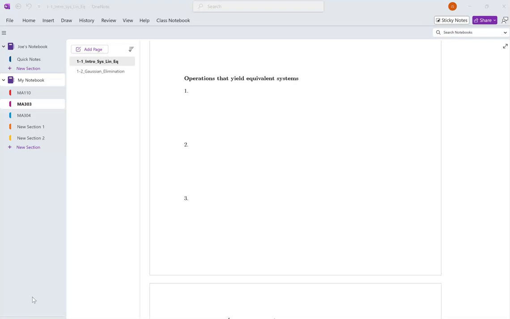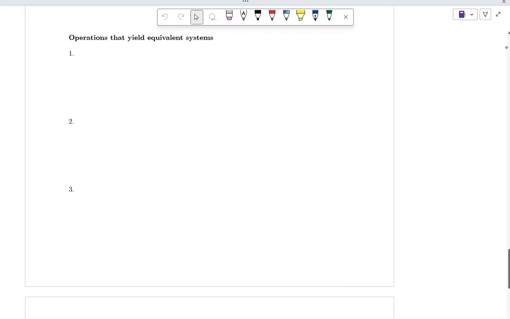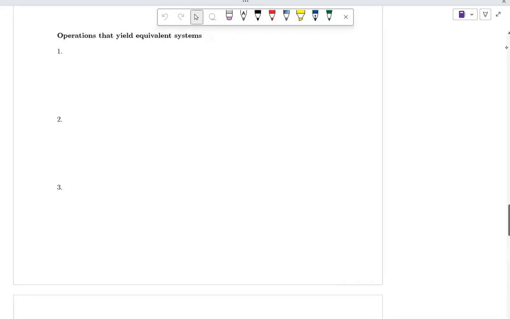Well, let's continue on then with our discussion of systems of linear equations. Talk a little bit more about solving with elimination, and then we'll move into solving using a specific algorithm, or algorithms, I guess I should say.